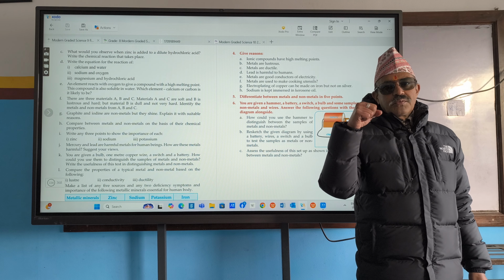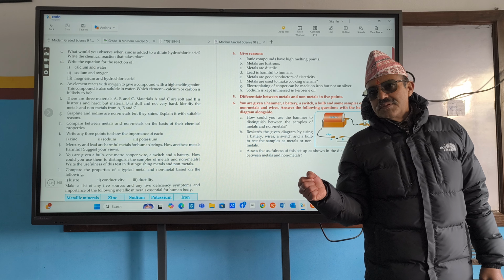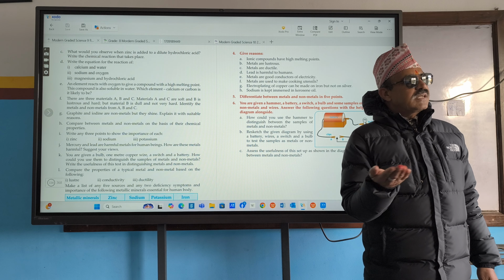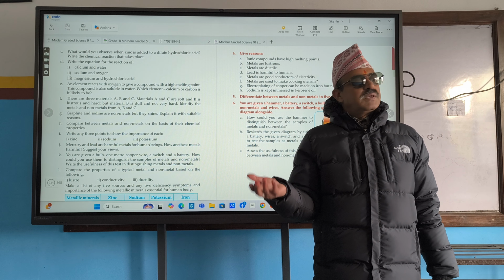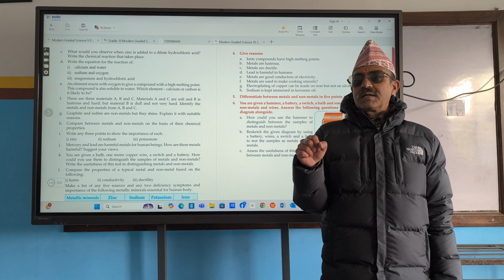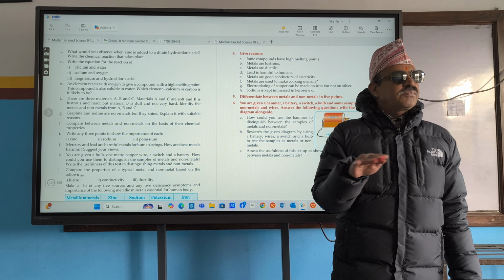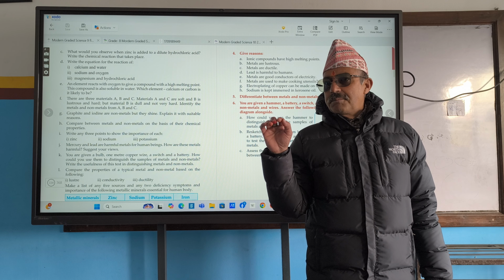When we hit the material with the hammer, if it changes into a thin sheet, that is metal. If it breaks down, it is non-metal. While hammering, if it changes into a thin sheet, that is metal.